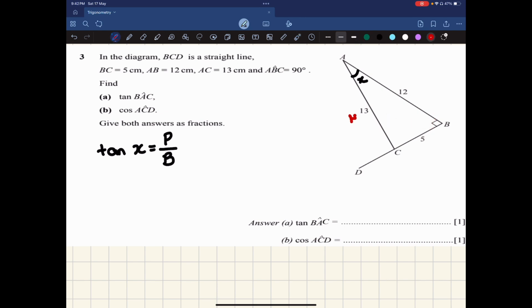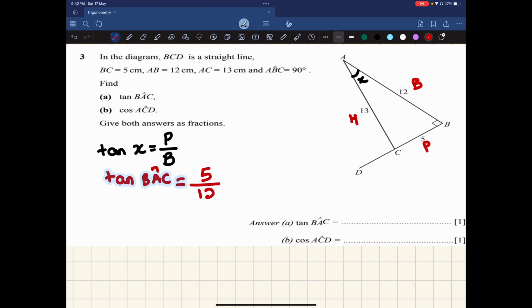So this is H. This angle is given, so this is going to be the perpendicular. This is going to be P, and therefore this becomes B. So tan of X, or we can write tan of BAC, is going to be P over B. P is 5, B is 12. So what is the value of tan of BAC? It is 5 over 12.